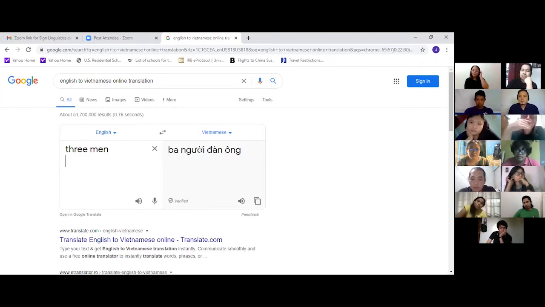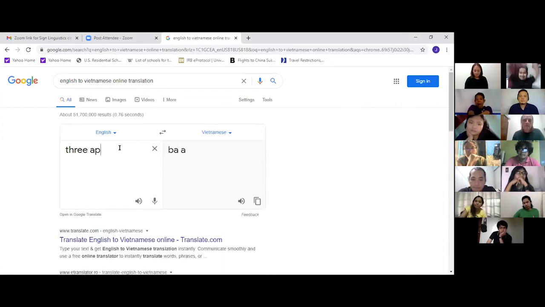This is the interpreter, but when we make the English translation, we don't want to follow word by word. So, okay, let's look at this. If we have the Vietnamese 3 apples, we don't want to translate it in English as 3 qua apples.